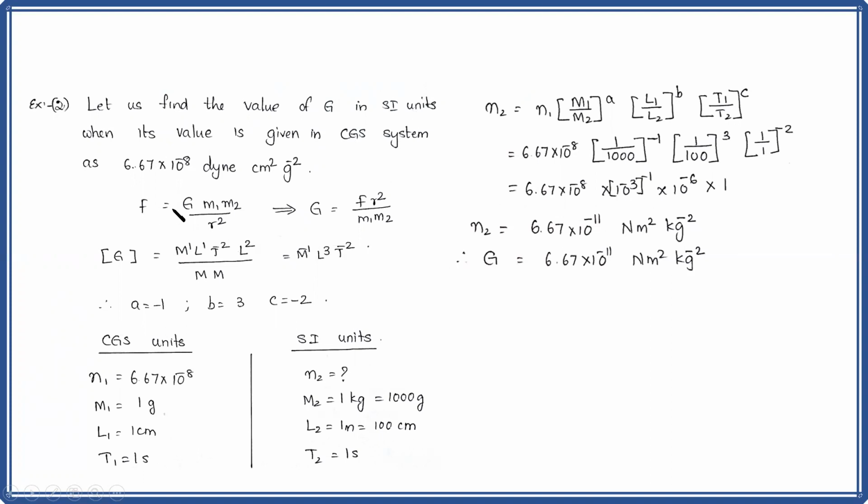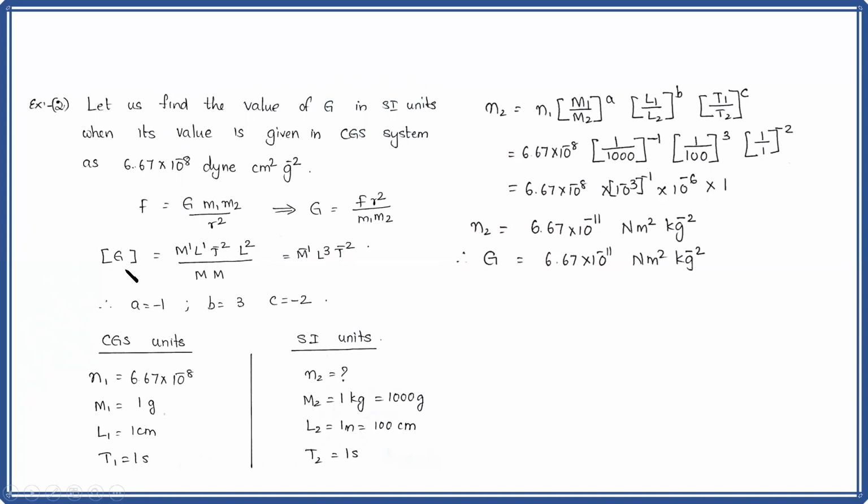F is equal to, we know the formula, G m1 m2 by r square. Therefore, sending r square to the other side, G is equal to F r square by m1 m2.